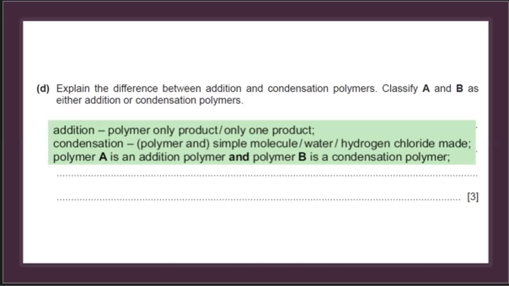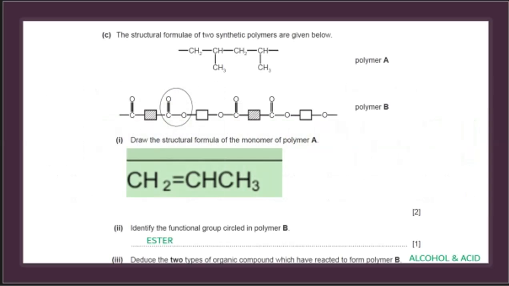So let's go back and take a look. So this here is one, and then this here is the next one. And they ask you to classify these two polymers as whether it will be an addition polymer or condensation polymer. Now, in order for us to get this ester linkage, it means to say water would have been lost.